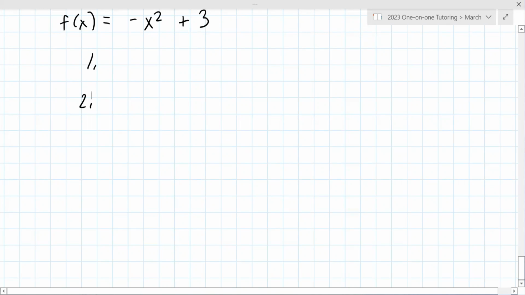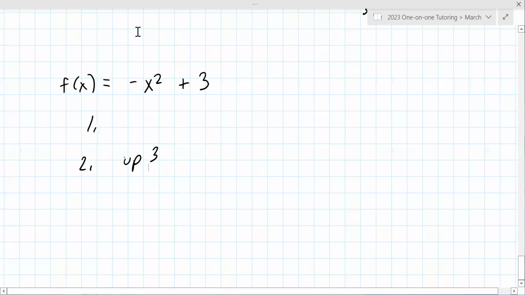First one is up 3. That's the second one. And the first one, I'm not really sure on. So you just said it. This negative is a reflection over the x-axis. So instead of it opening up, it flips down.